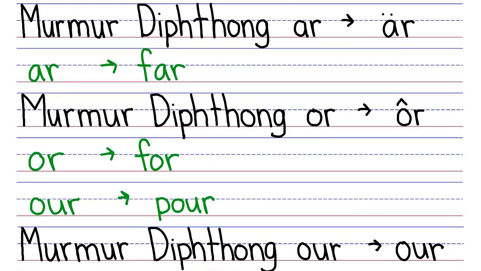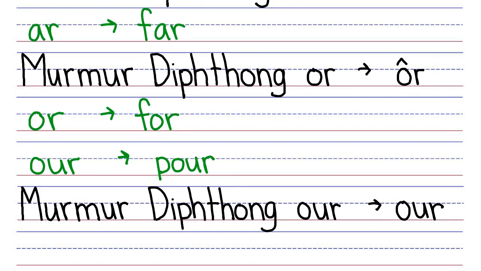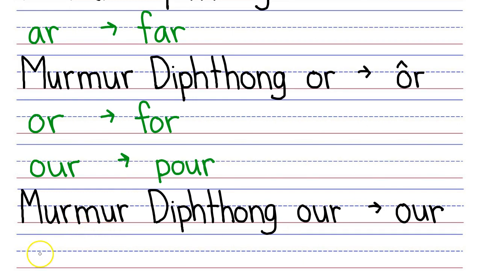Next we've got the murmur diphthong OUR, also called the R-controlled vowel sound OUR, spelled OUR. As in the word hour, or as in the word flower, where an F says F, an L says L, and OUR says our. Say it together fast, flour.